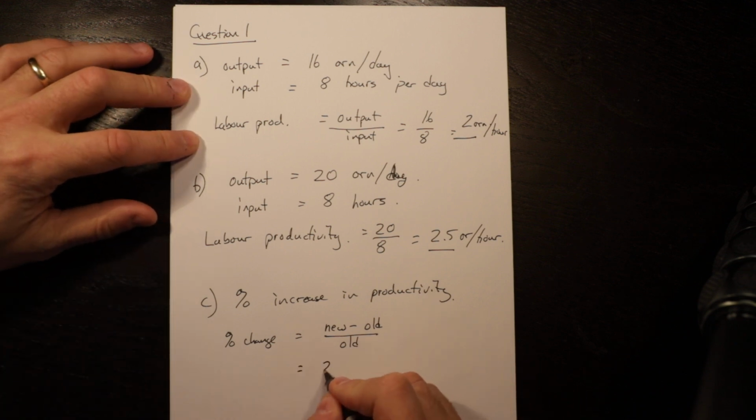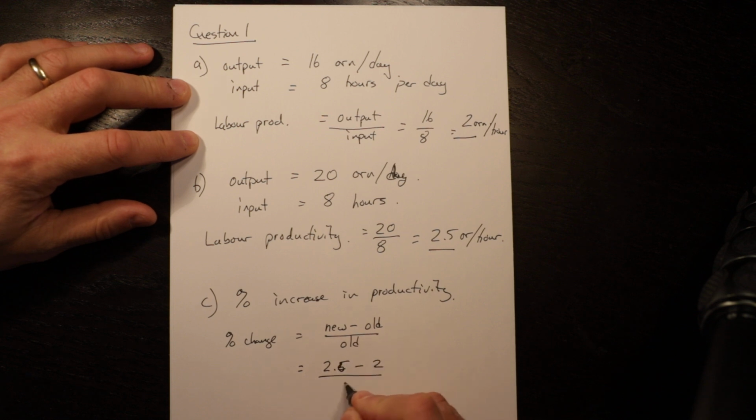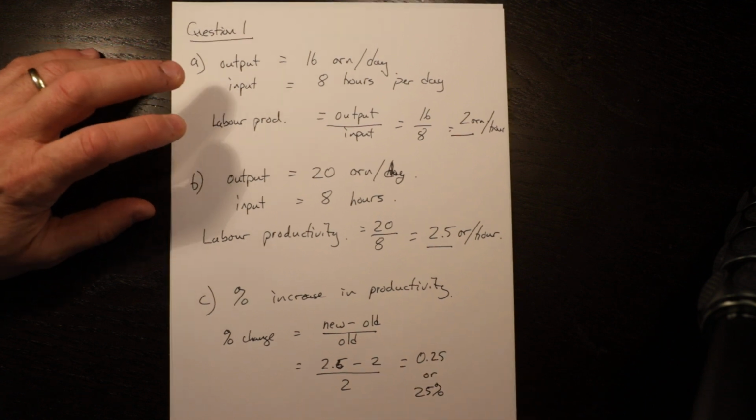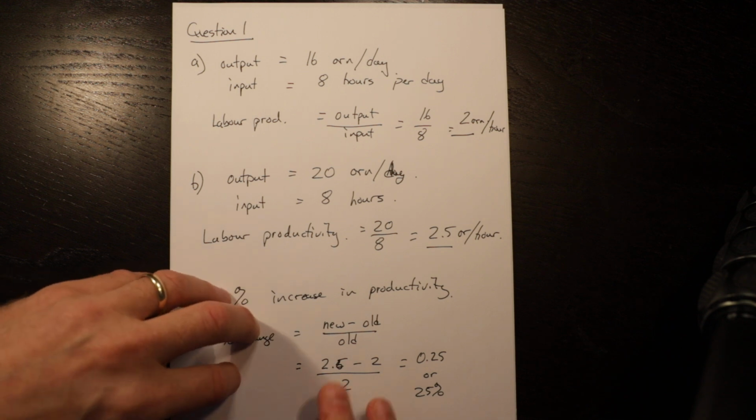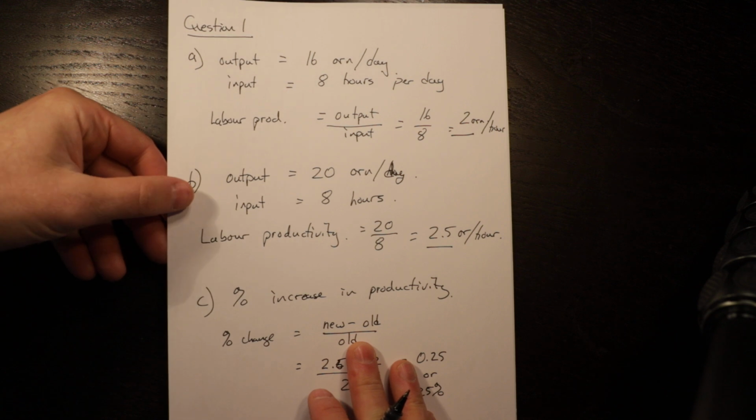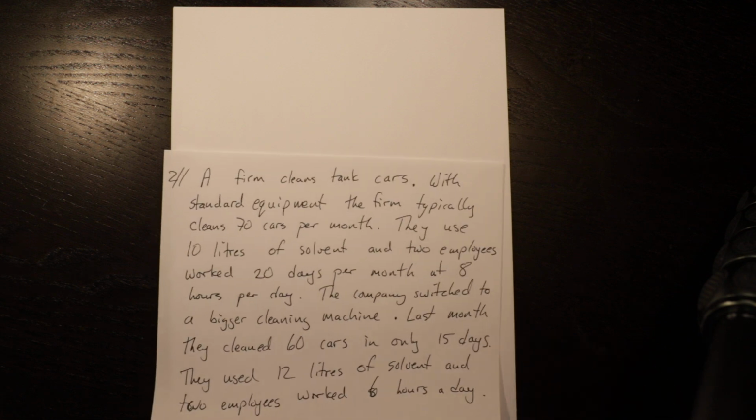And that would be equal to 2.5 minus 2 divided by 2, which is 0.25, or a 25% increase in productivity given the change that she made. So first question, relatively straightforward, and we calculated output over input and calculated labor productivity. Let's look at a second question here.